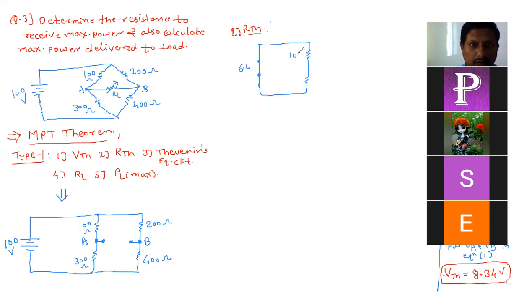So this is 100 ohm, this is 300, this is 200 and this is 400. Between A and B we have to find out the RTH.